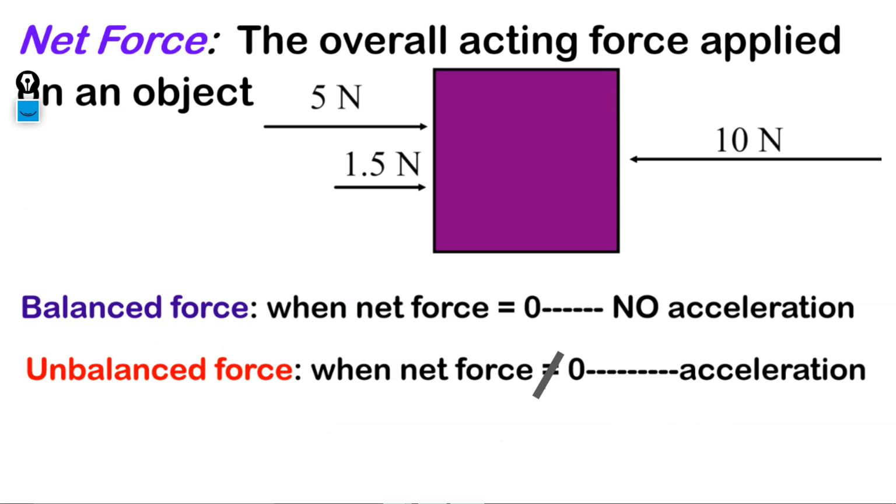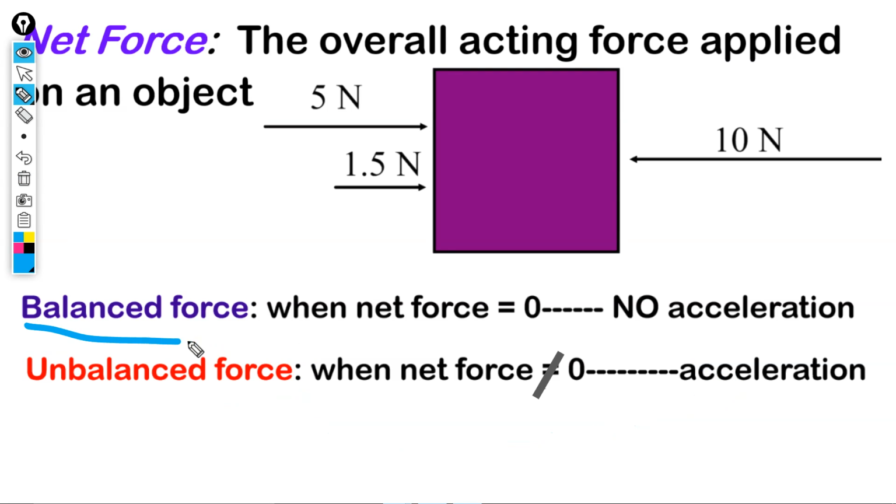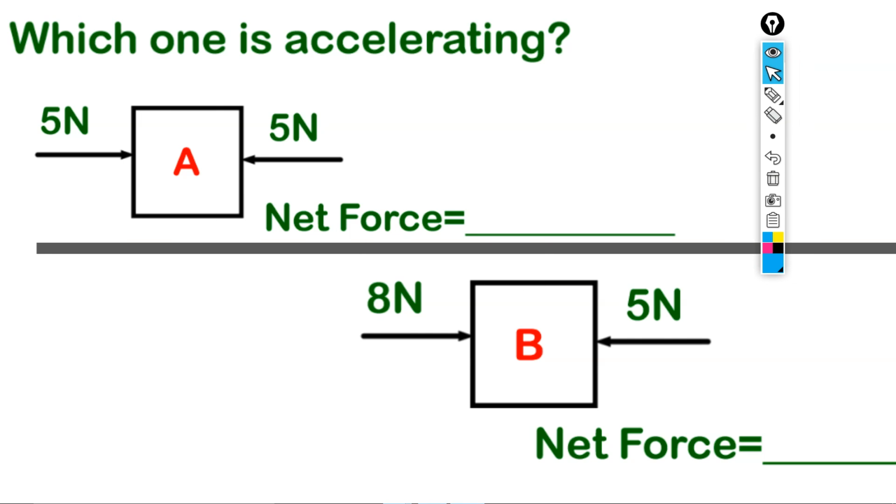If there is a balanced force, if the forces are equal, if your net force is 0, then there would be no motion, no acceleration. In this scenario, we've got 5 to the right and 5 to the left.